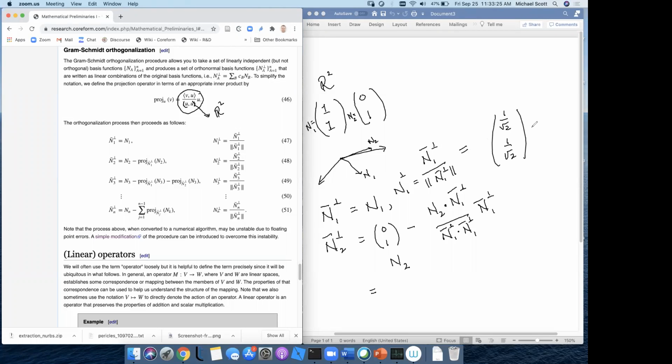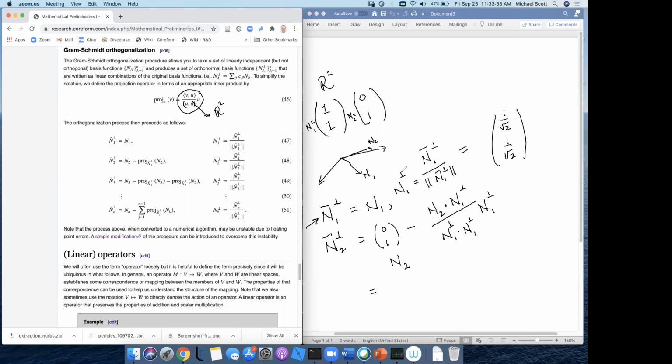Okay, so now we've got our N1 bar. Let's correct this. So we're done here. This first line is done.